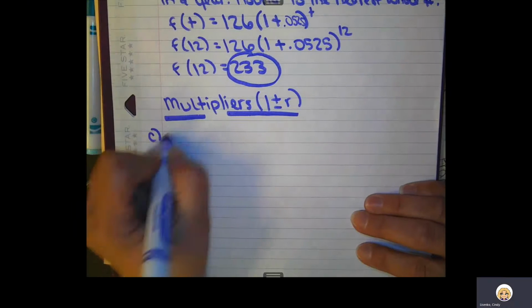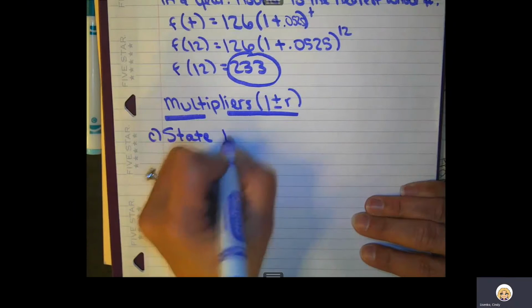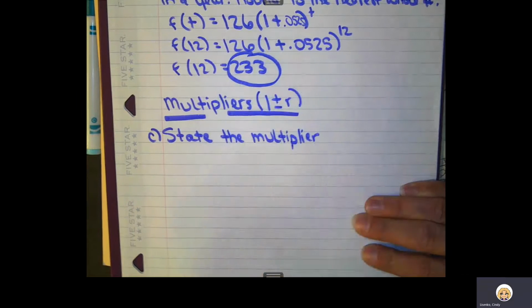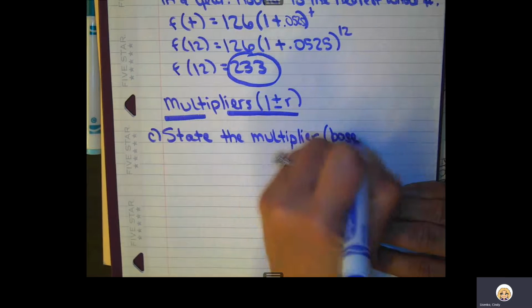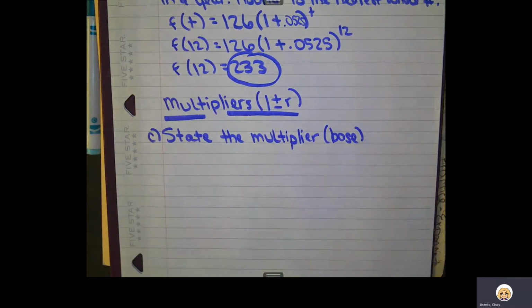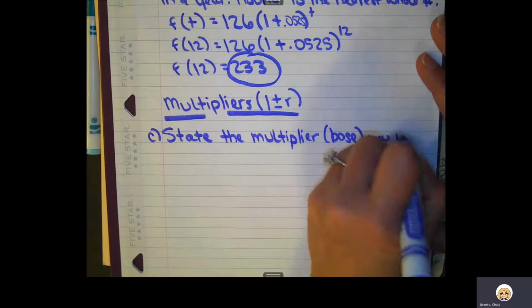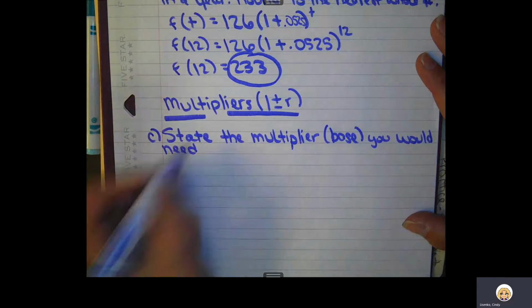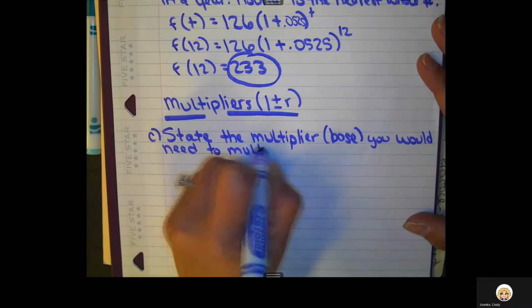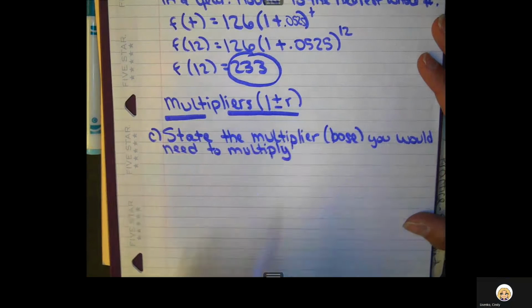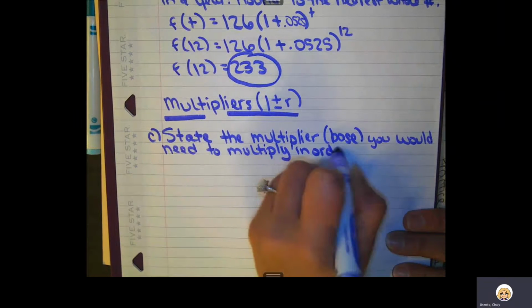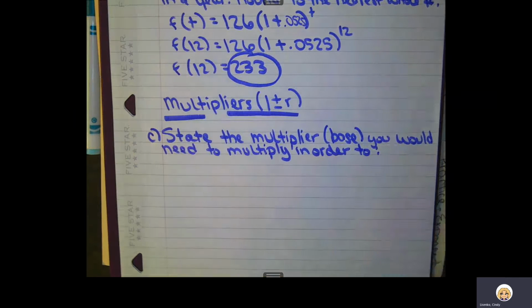State the multiplier. And in parentheses, I'm going to put the base. You would need to multiply in order to, and I'm going to split this into 2 parts.